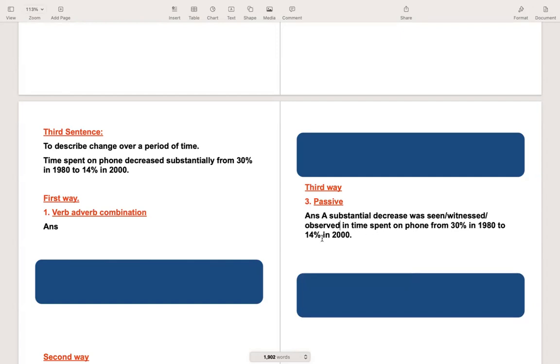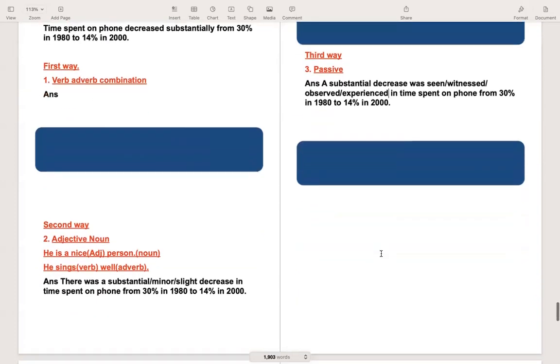Can you tell me another word for witnessed? Was seen, was observed, was noticed. Sir, we can say experienced. Yes, experienced also makes sense here. Any word like that, you can put as you wish.